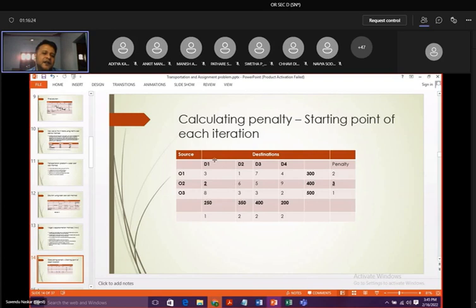I can discard it from my solution and change all the values impacted by this allocation, so 400 becomes 400 minus 250, which is 150. Now calculate the penalties again in the subsequent iteration. Penalties will change, and you now have only this matrix in hand. What is the penalty for the first row?